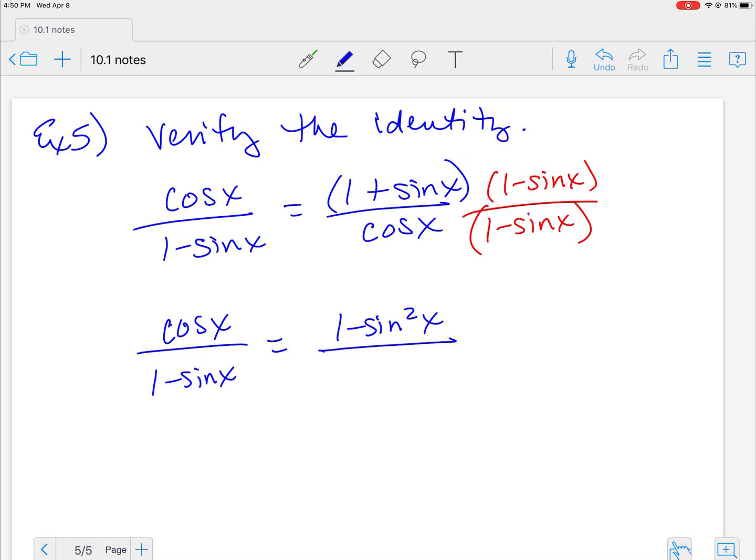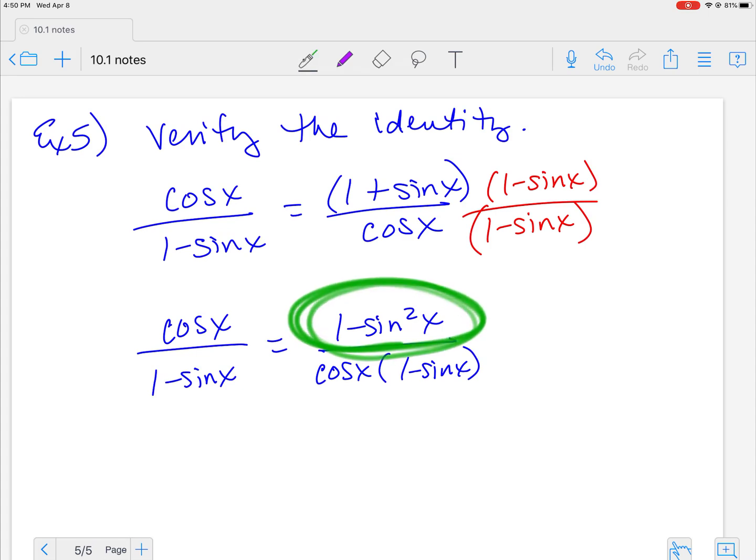For my right side, whenever I FOIL out this numerator, this minus this, shortcut that. Square the first term minus square the second term. That's the difference of squares. All over cosine times 1 minus sine. Now here's the other thing, and this is the thinker part, which is why these are so good.